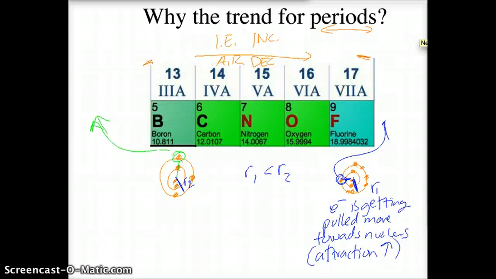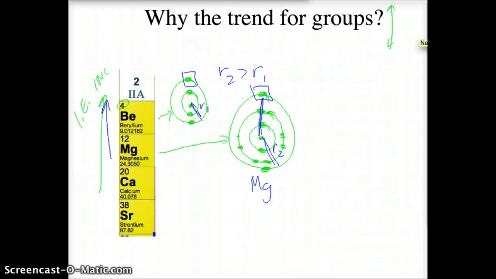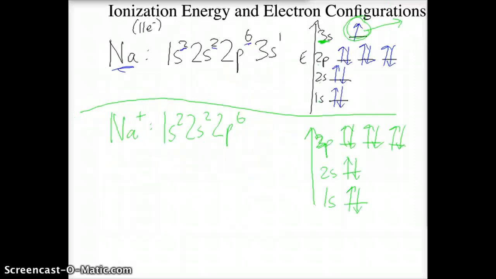This is true as we go across periods because atomic radii decrease as you move to the right, which means there's more attraction between the nucleus and the valence electron, a greater effective nuclear charge. Same explanation for going up and down groups. And then we need to know how to write electron configurations for atoms depending on if they're ionized, as they are here, versus if they're not ionized here.